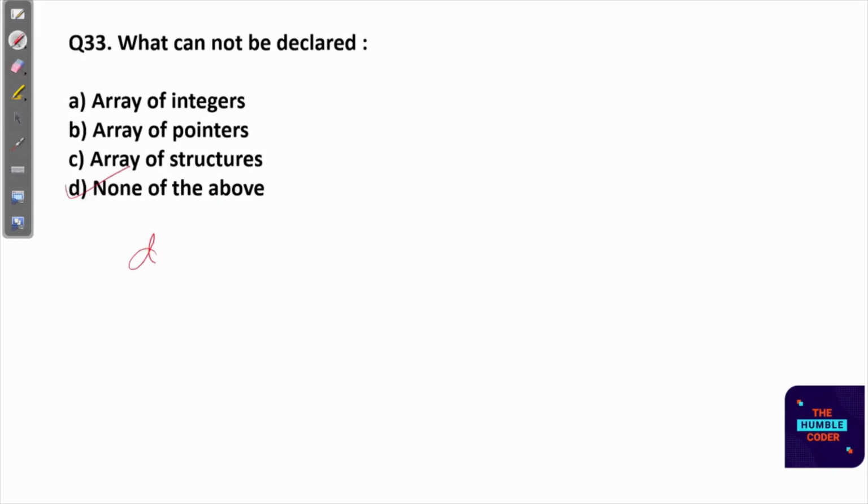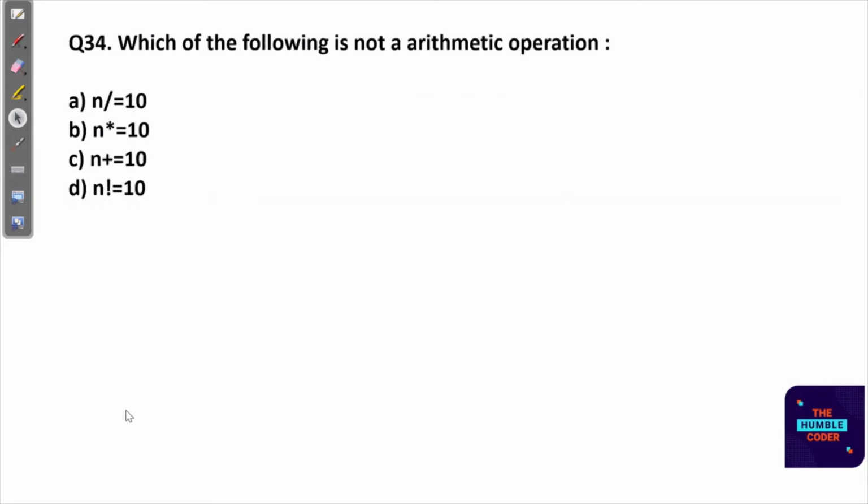So the correct answer for this will be D. Next is, which of the following is not an arithmetic operator? N divided by equals 10, n multiplied by equals 10, n plus equals 10. All of these are arithmetic operators, and this last one is not an arithmetic operator. So the answer for this question is option D.